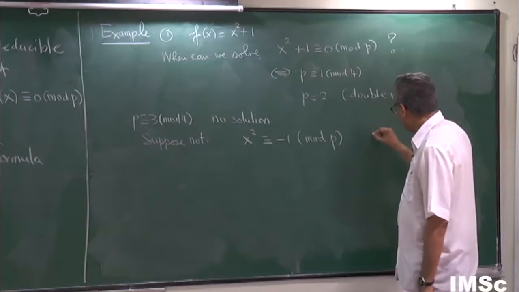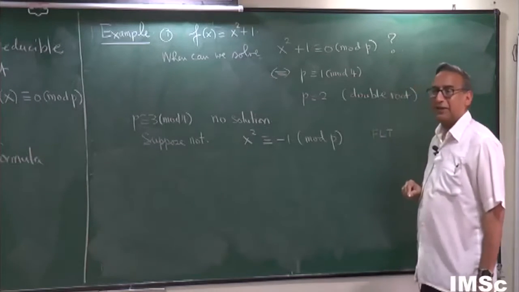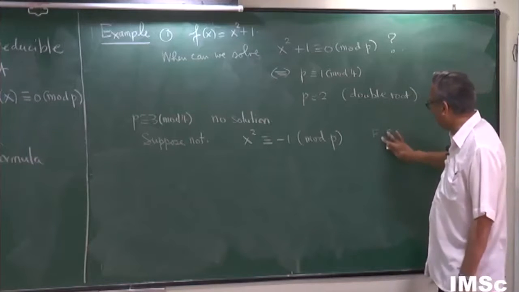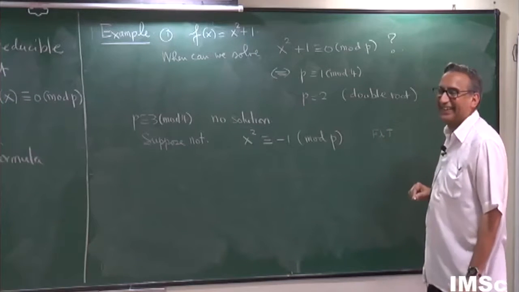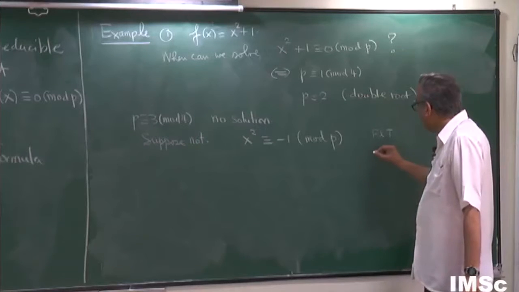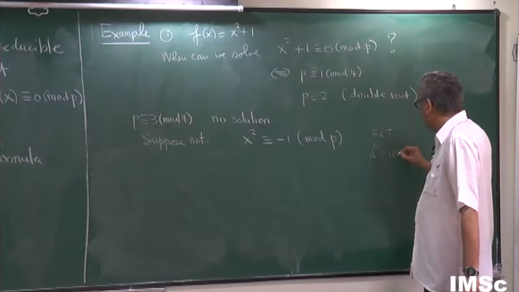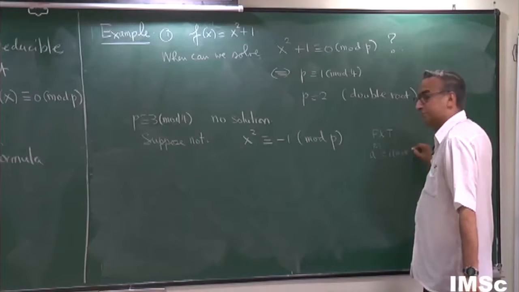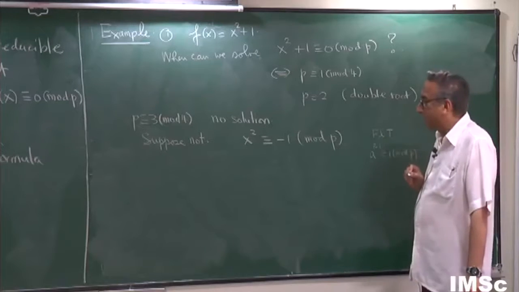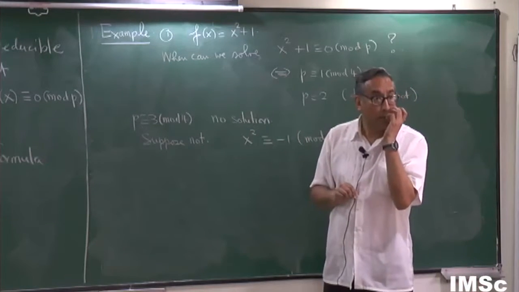And we have what's called Fermat's little theorem, FLT, which says that a to the power p minus 1 is congruent to 1 mod p all the time. So let's raise both sides of this to the power p minus 1 over 2.